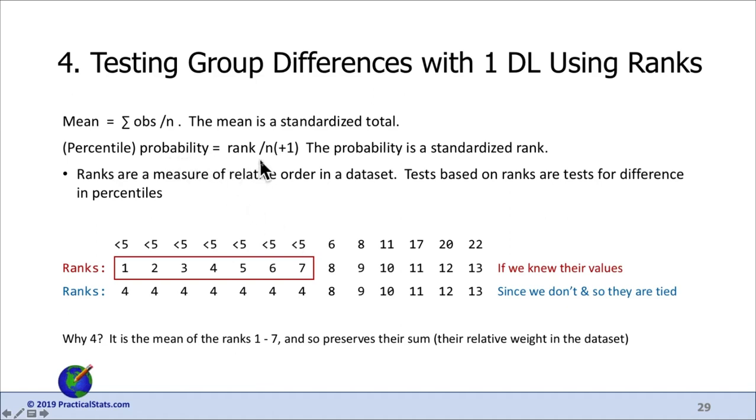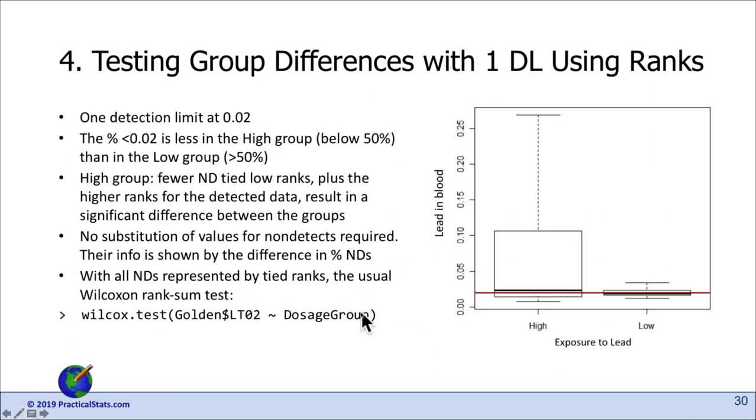It would be halfway through the data set. It would be 1/2 of the distance between 1 and n plus 1. So ranks are a measure of the relative order in the data set. They are strongly related to percentiles. So the tests on ranks are basically tests on differences in percentiles. So they're tests on, do I see most of the low data, the data with the low percentiles in one group and the data with high percentiles in the other group?